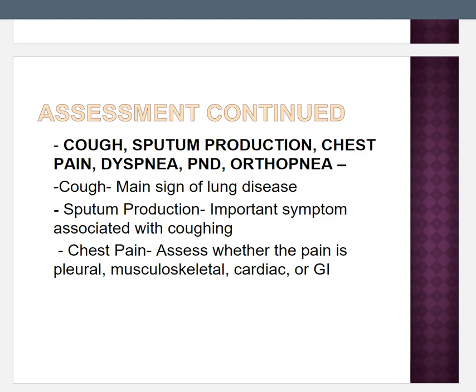Normally your lungs can produce up to 90 milliliters of sputum a day, and it can hold up to about 3 ounces of sputum every day. When we start getting beyond that and excessive amounts of sputum, that's when we'll see our patient become fatigued, and that's when we have to definitely continue to assess even more.